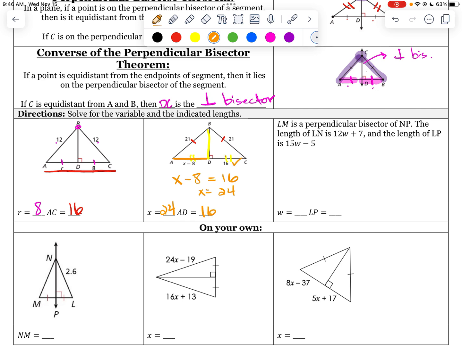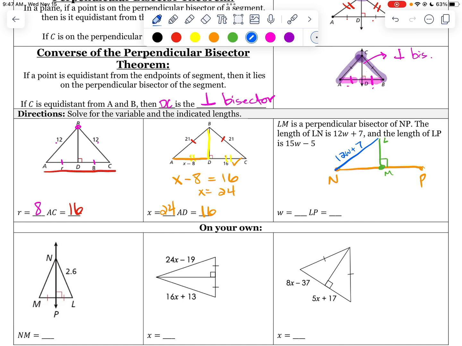That makes perfect sense. Okay, LM is a perpendicular bisector of NP. The length NP, with a perpendicular bisector. So we're going to draw right in the middle and go right down the middle, and I've got LM, perpendicular. The length of LN is 12W plus 7.